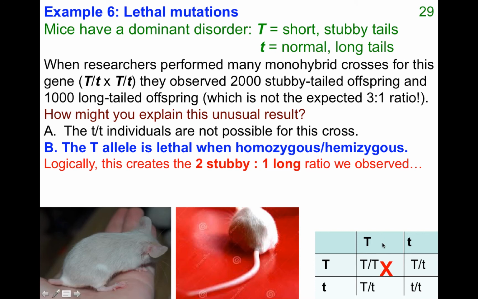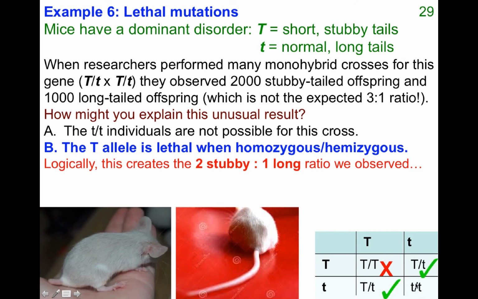If you look at the Punnett square here, normally we would expect a 3-to-1 ratio because all of these have a big T, so they would all have stubby tails, 3 of them versus just one homozygous recessive normal. But if big T is lethal, and the homozygous individuals die before they're even born, all we'll ever see in those monohybrid cross offspring would be 2 stubby tails to every 1 normal tail.